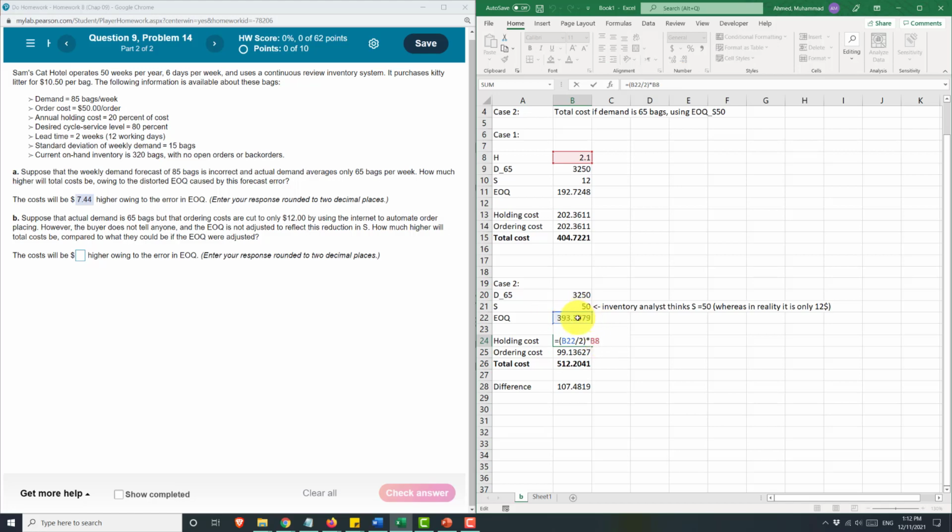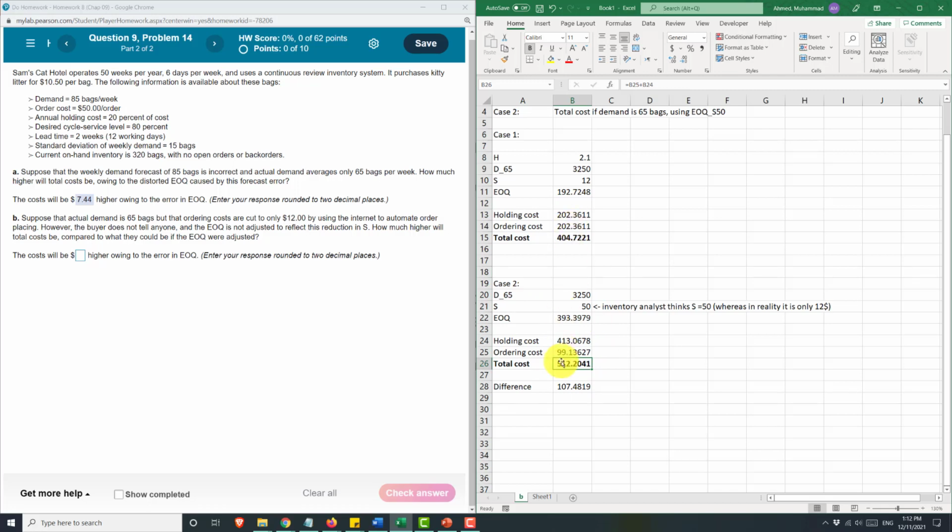The holding cost doesn't depend on S, right? And because we got a higher EOQ, we expect a higher holding cost, since there's a trade-off between the costs: higher holding cost means lower ordering cost. The EOQ is a higher number than it was here, because we think the S is too high.